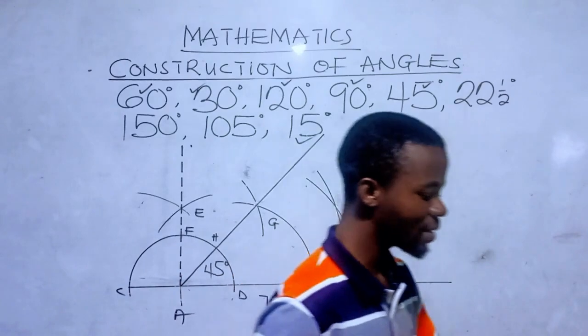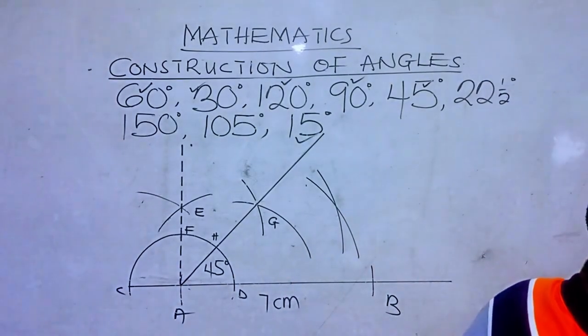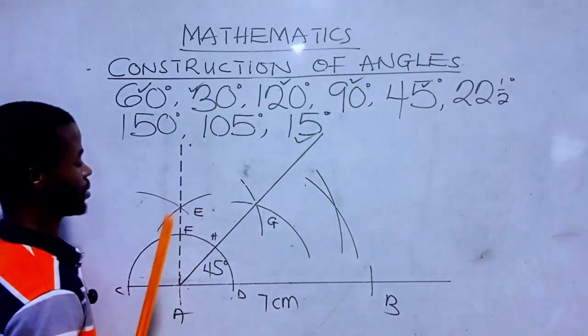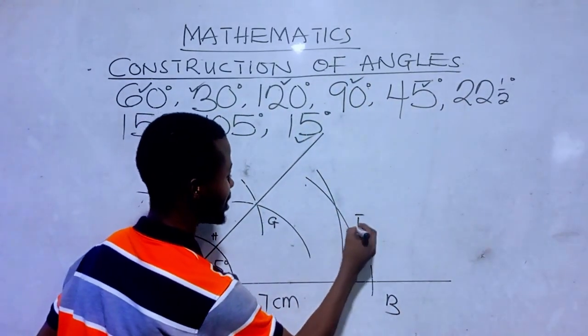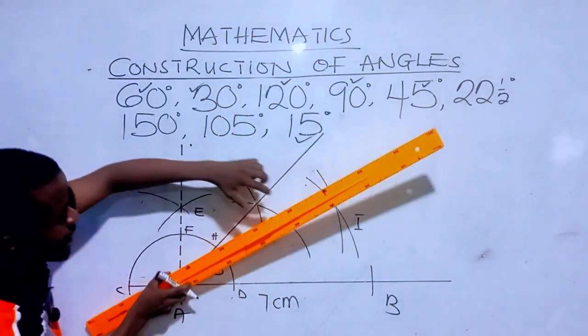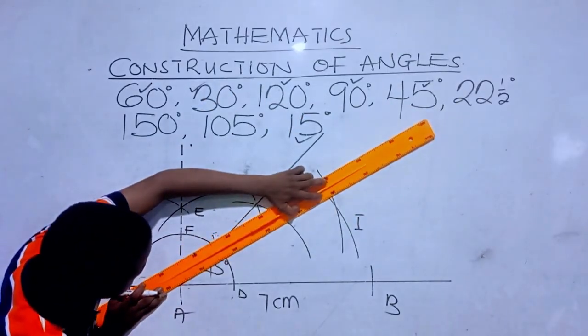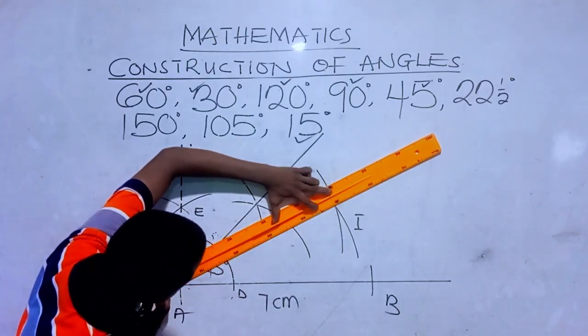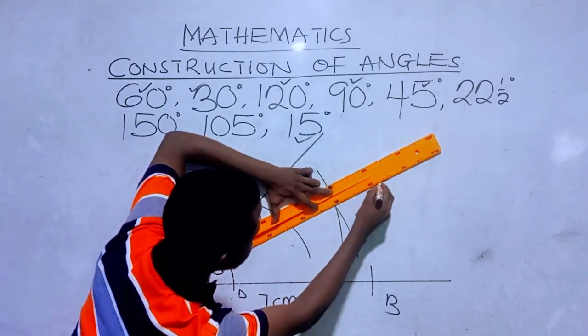Now the only thing I have to do is to join from A. Let me call this intersection I. So I draw a straight line from A to pass through I, like this.